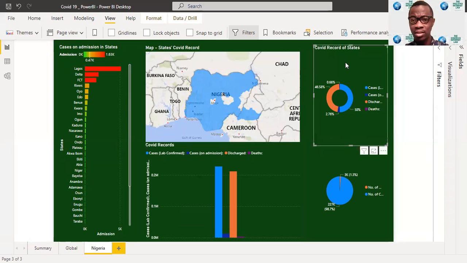All right, let's look at this donut chart. This donut chart shows us cases based on each state as well as those discharged.